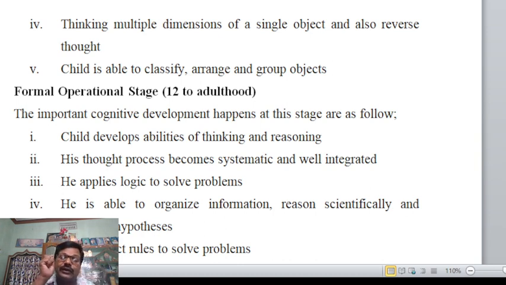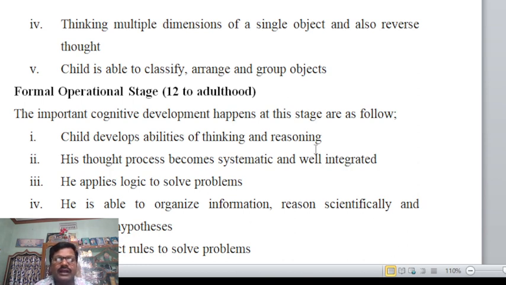The child thinks logically, thinks rationally. And another most important thing is that the adult is able to organize information and reason scientifically.